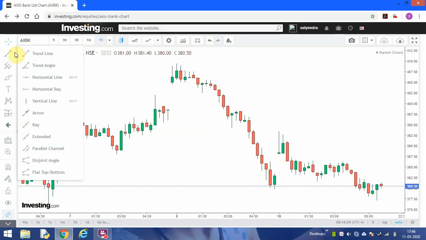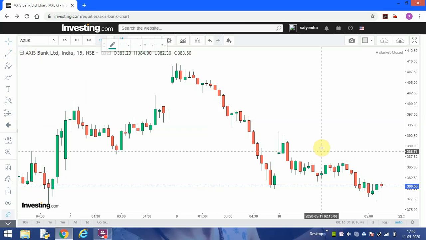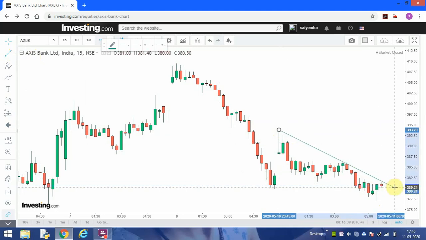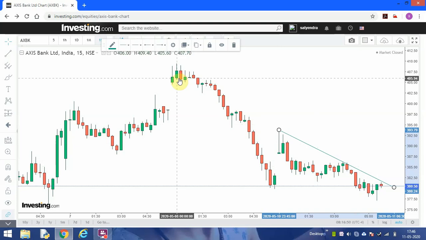You can use a trend line. Once you have a bearish or bullish trade, you can draw it. By that way you will be able to know this trend is a downtrend, so you have a short trade.